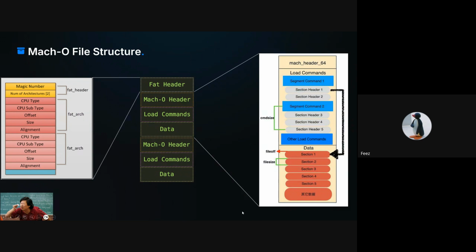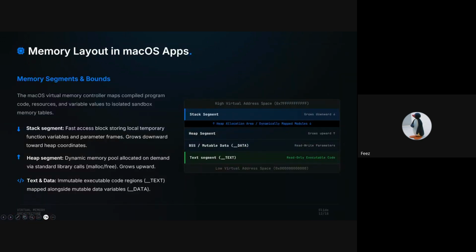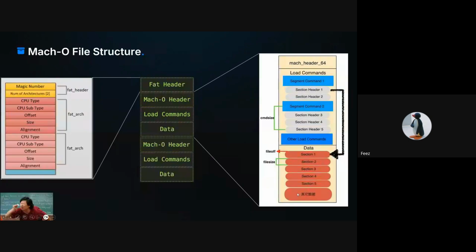Right, so we can go next. We already covered the memory layout. I forgot to mention, like I mentioned earlier, the segment tells where to map in the virtual memory.